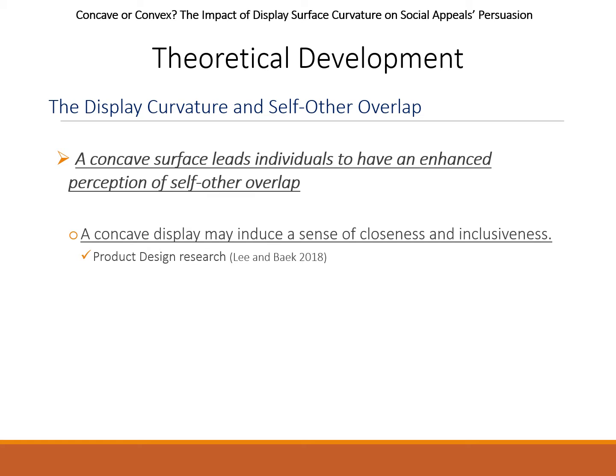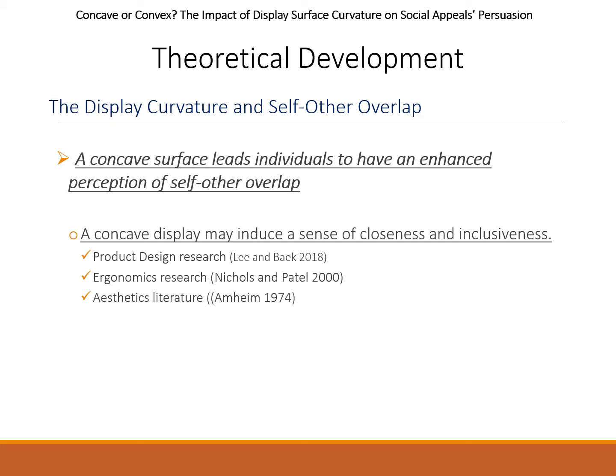For example, product design research shows that consumers experience more felt closeness with products whose sides are bending inward. And research on ergonomics also points out that large screen displays with concave curvature, which are widely used in movie theaters or business meetings, provide an immersive experience and stimulate people to get involved with the events.